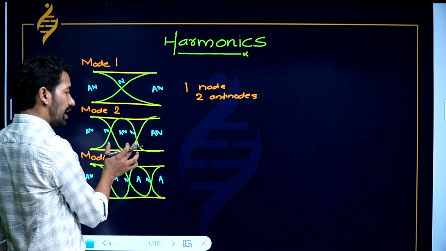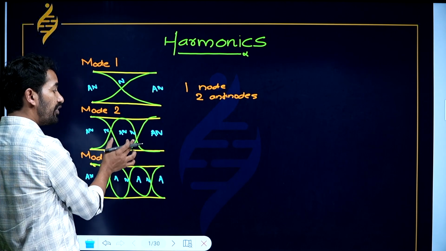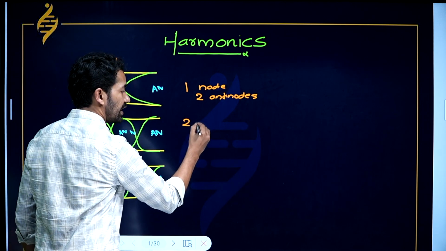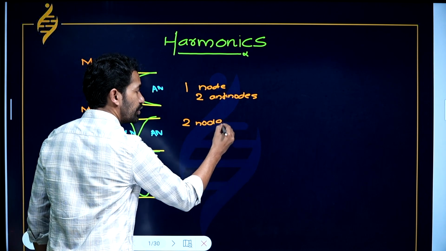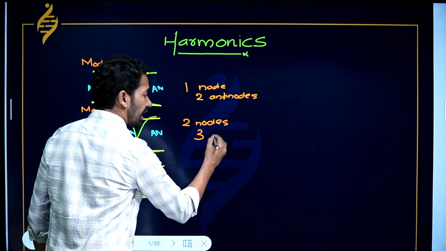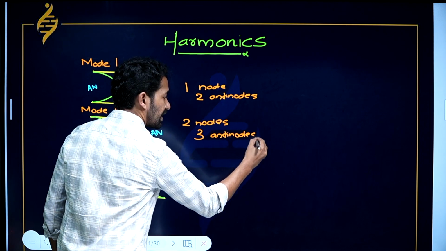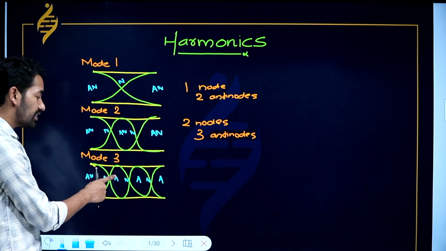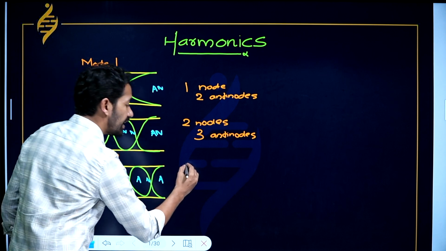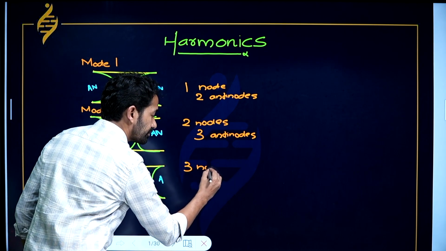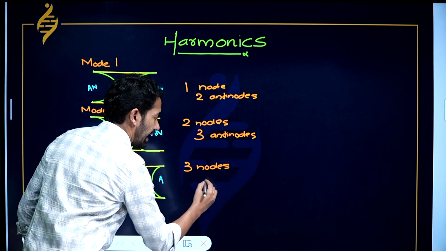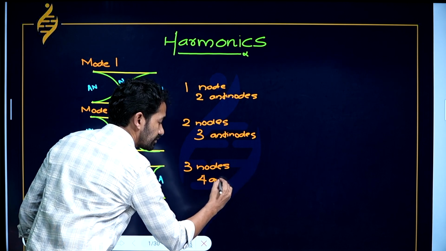In the second mode I am having two nodes and three antinodes. And in the last case I am having 3 nodes and 4 antinodes.